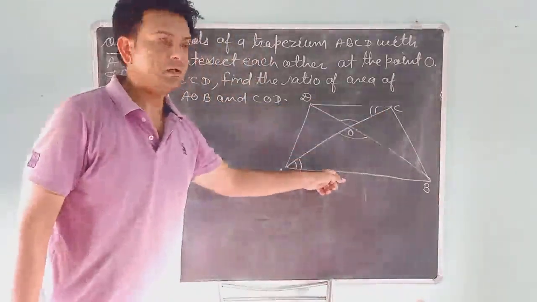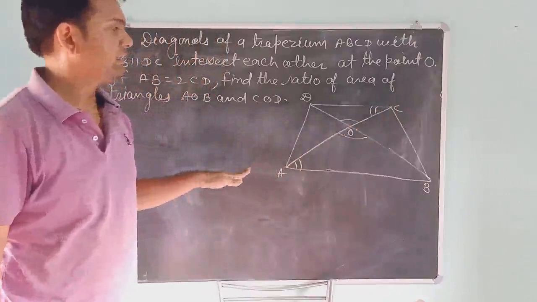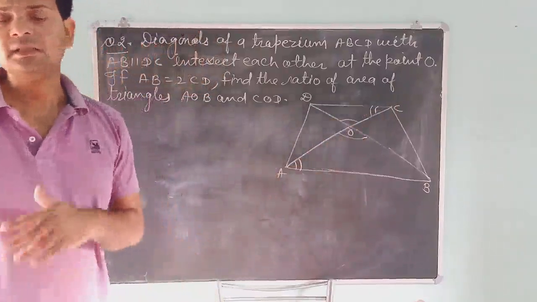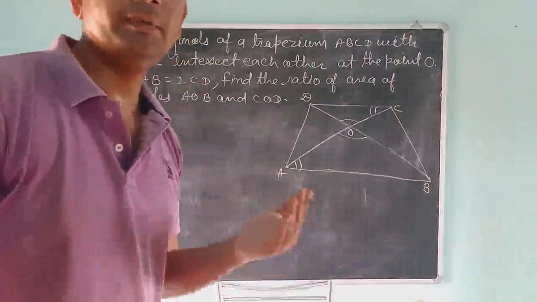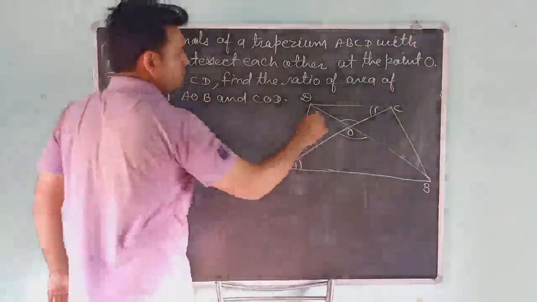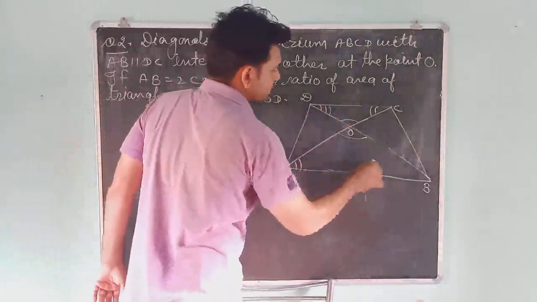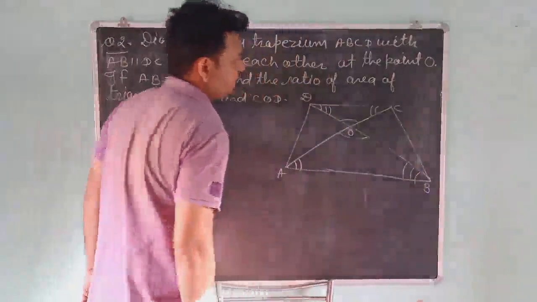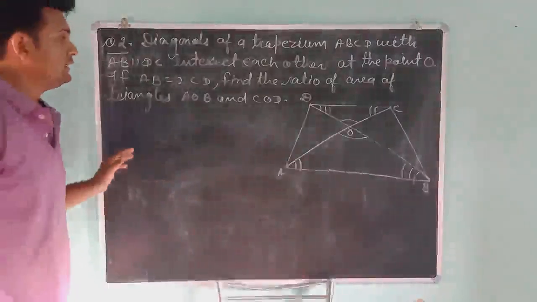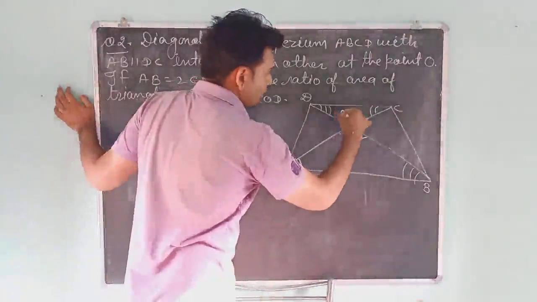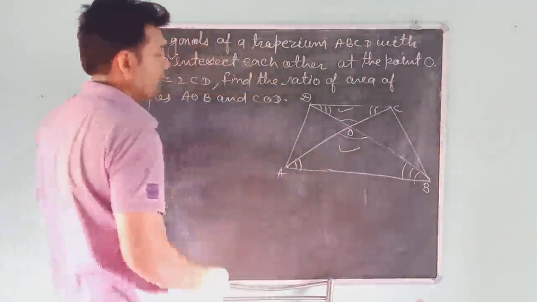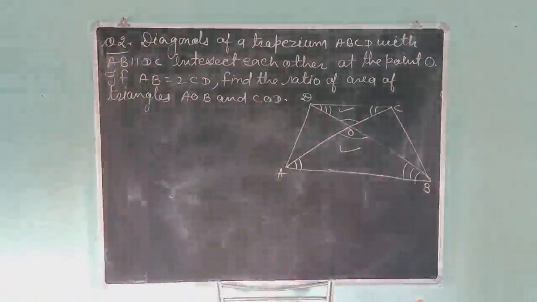These two lines are parallel, and one transversal intersects these two parallel lines, so these are alternate angles, and alternate angles are always equal. Like these two angles, these are also alternate angles. So, students, the three angles of this triangle are equal to the angles of this triangle.